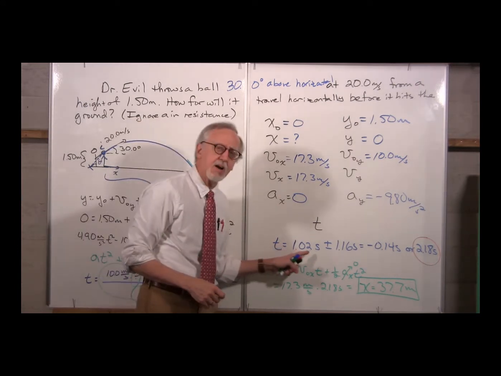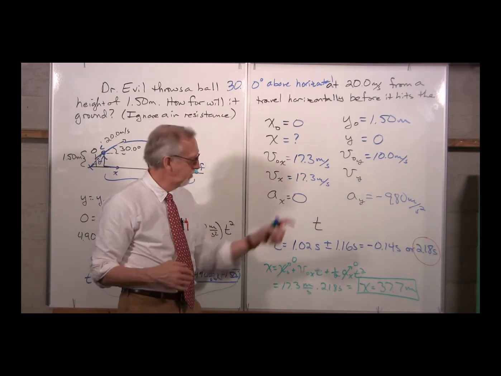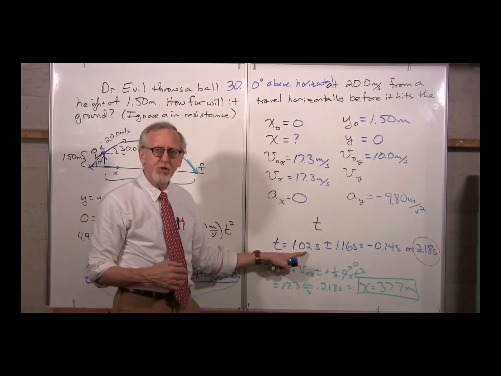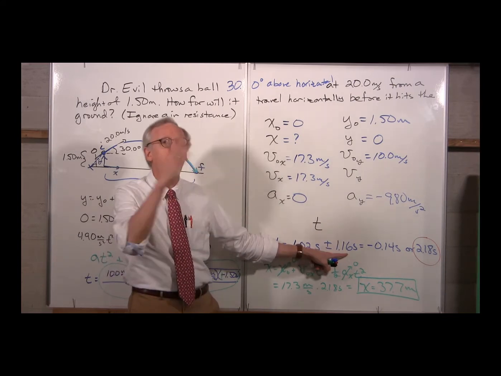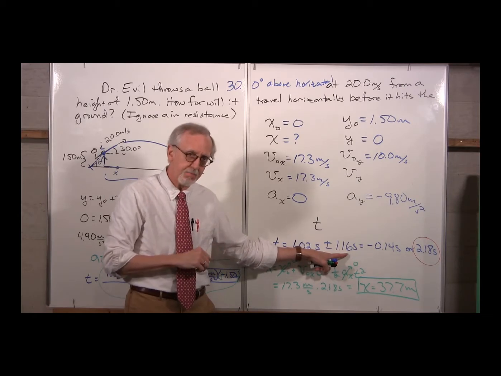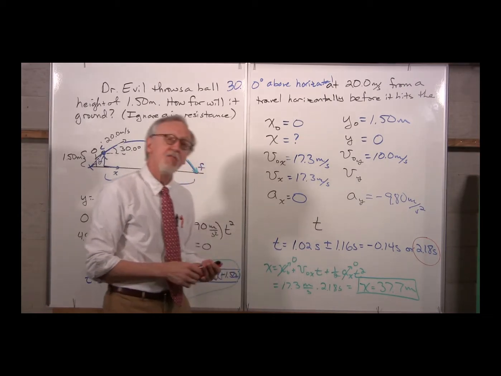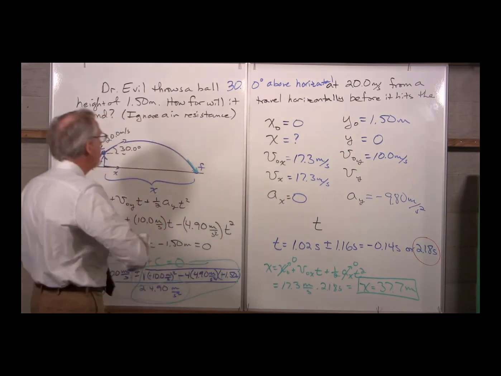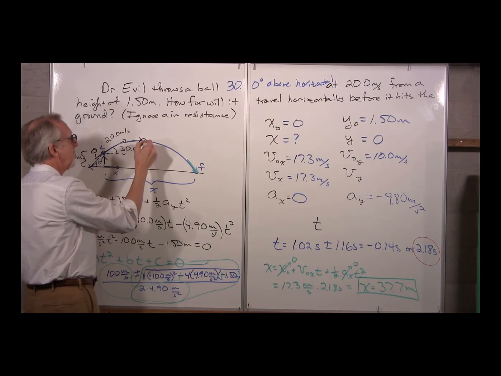This is telling us that our time for the conditions that y equals 0 are 1.02 seconds, and then 1.16 seconds before that time, and 1.16 seconds after that time. Well, what is 1.02 seconds? What is that telling us? That's actually telling us the time that it takes to get to the peak of the motion, right there.